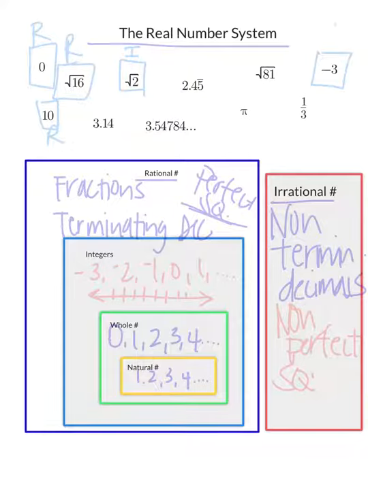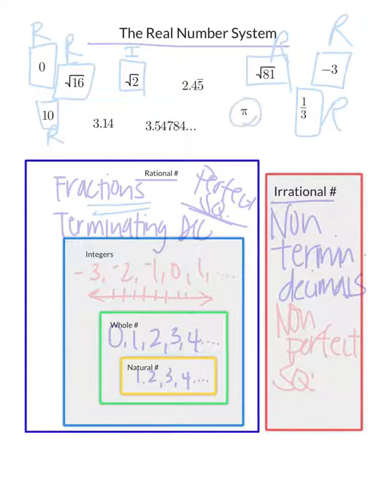That means that it's rational, right? All negative whole numbers are rational. 1/3. Well, we said that fractions are rational, so it's rational. Square root of 81. Is 81 a perfect square? Yeah. 9 times 9 is 81. So this is definitely rational.